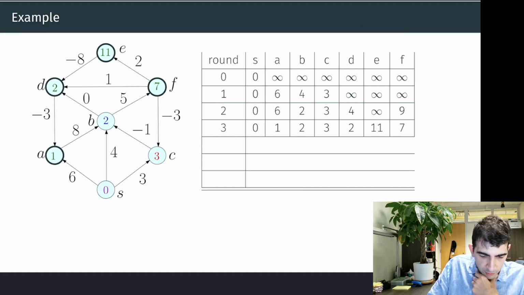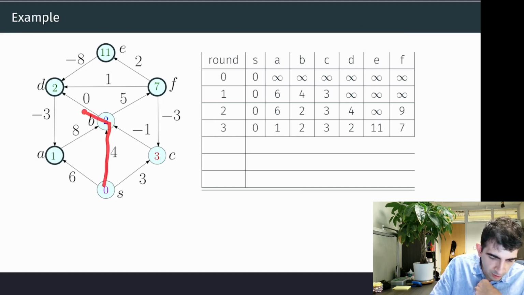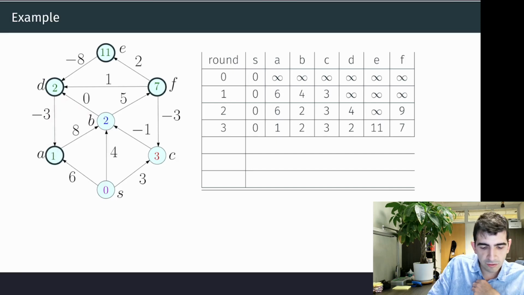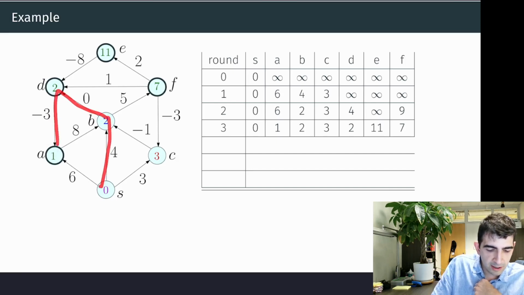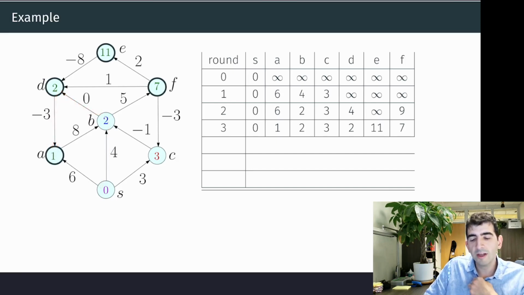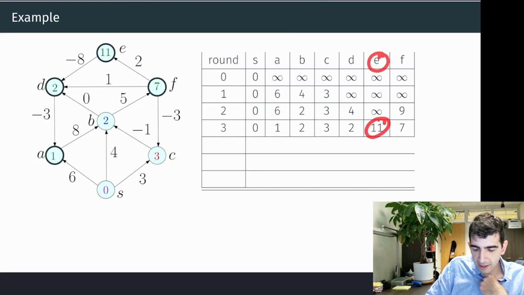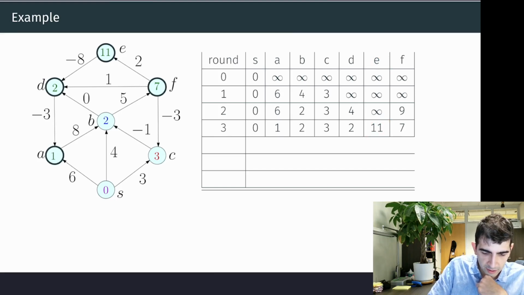Well, it's because we could take this path here, 4, 0, -3. And that is the shortest path to A using at most 3 edges. And we also see that when we go up to 3 edges, we could have a distance from S to E, which is using this path.